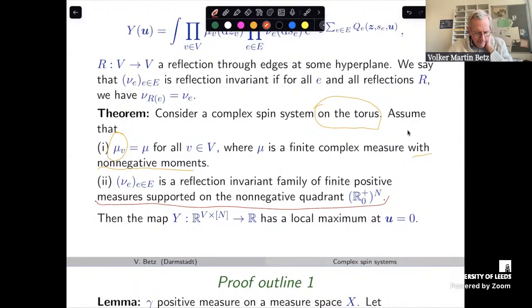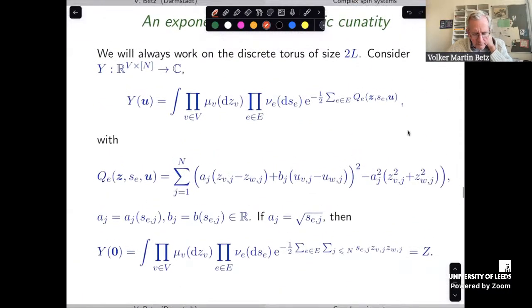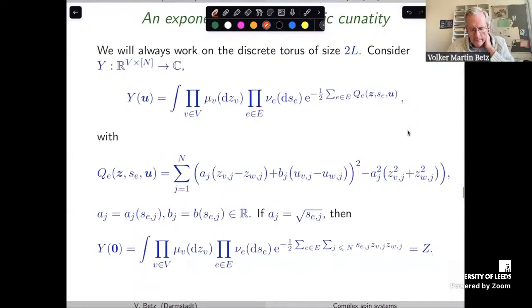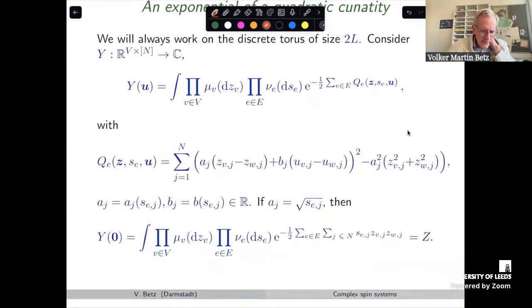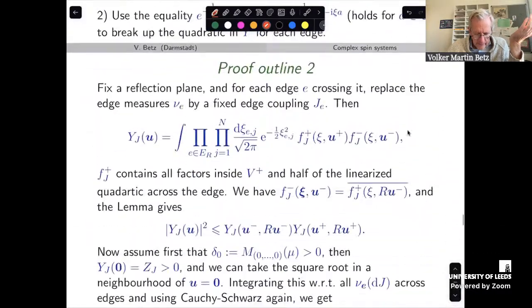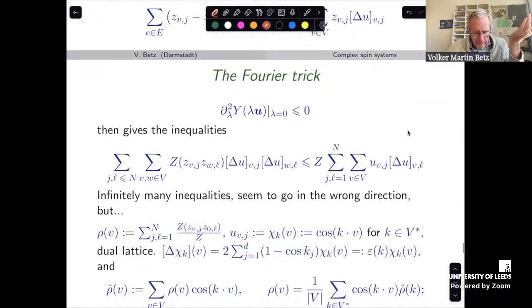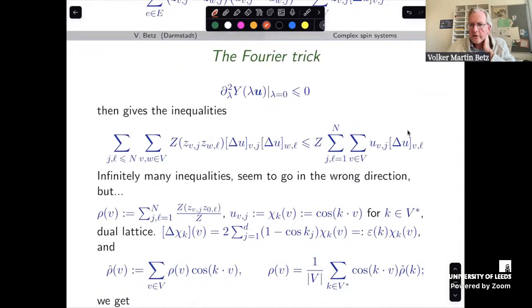But then a certain quadratic map has its max, sorry, so you have a map which has a maximum at u equals 0. So it's a very abstract statement, but it leads. I'll not give you the proof. You can look it up, but okay, I'm sorry. I just completely underestimated the time I would need to even give the examples.